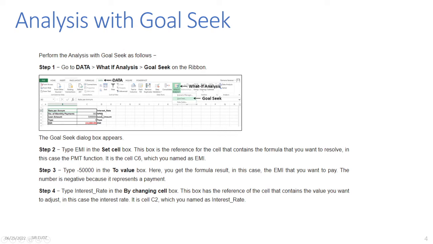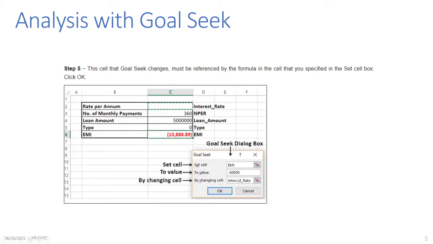So by changing cell interest rate, we set cell EMI to value 50,000 by changing the cell interest rate. The cell that Goal Seek changes must be referenced by the formula in the cell that you specified in the Set cell box. So click OK.